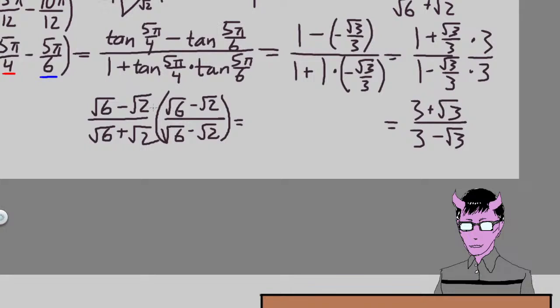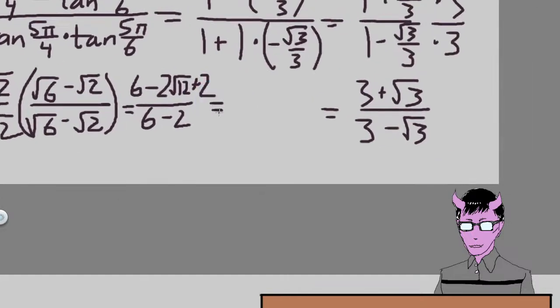What are we going to get after the conjugate? Alright, so that's going to be a 6 minus a 2, just speed running that one. And then this is going to be 6 plus 2, and then this one times 2. Alright, well, the bottom part becomes a 4. And then the top part becomes a 4 minus 2 root 12. This is simplifiable.